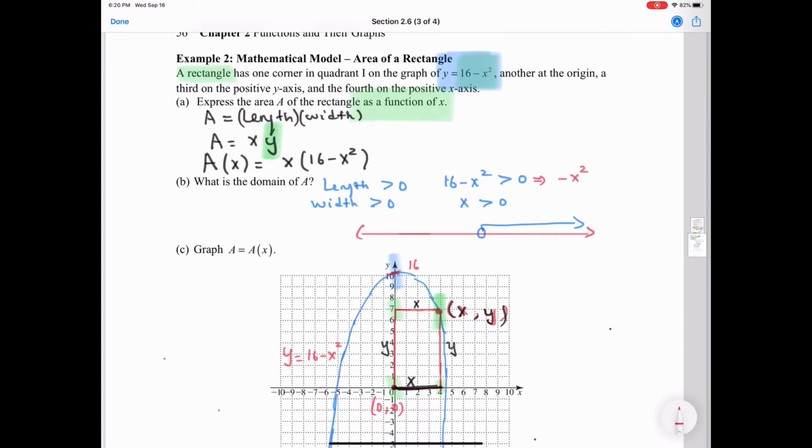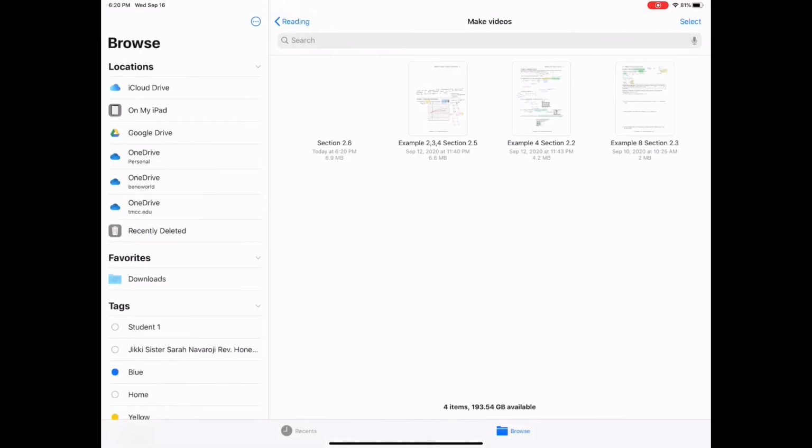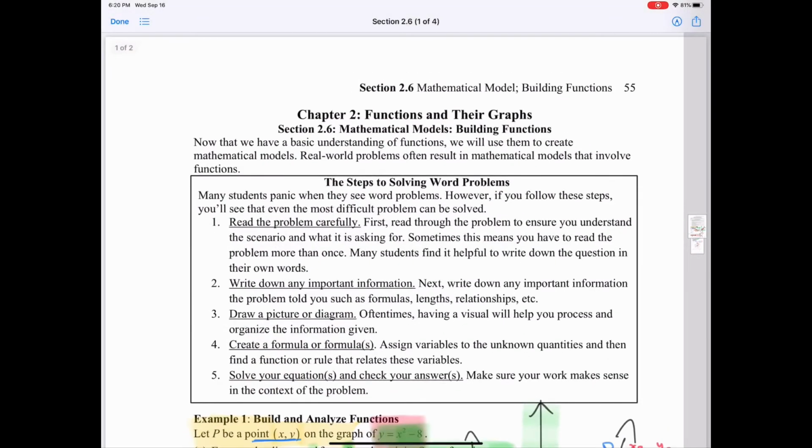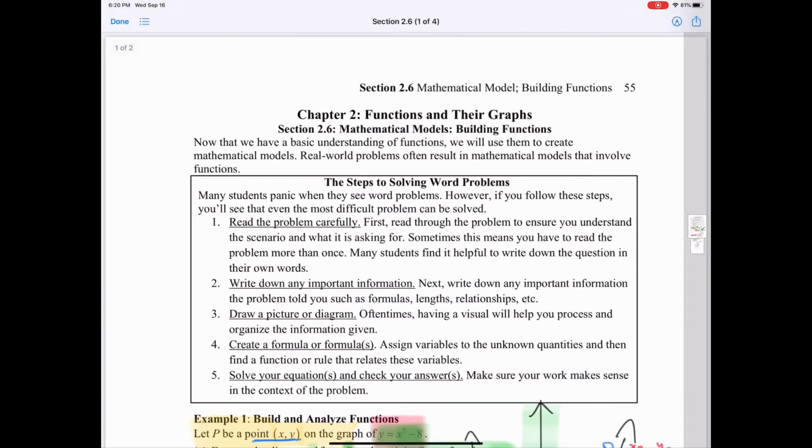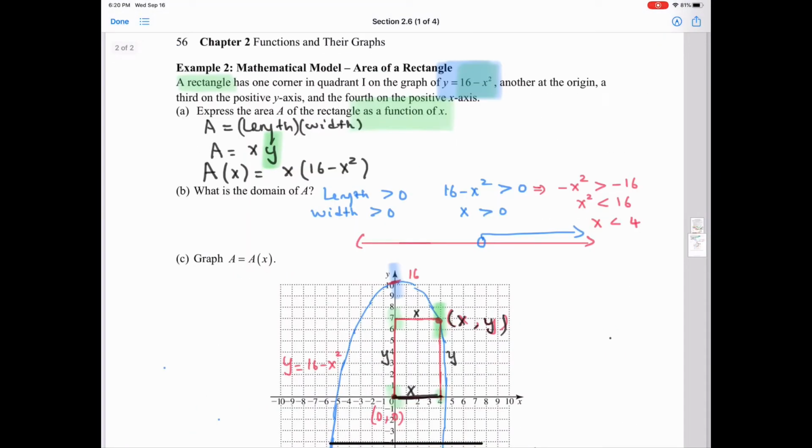Now the inequality 16 minus x squared greater than 0, when simplified, means negative x squared is greater than negative 16, or x squared is less than 16, or x is less than 4.